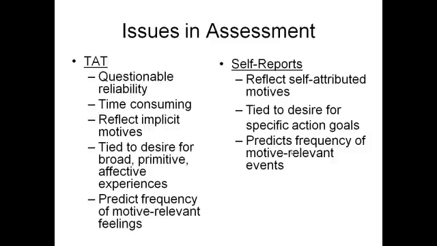You're giving the test out, you're asking people to write stories about what they're seeing, and it's a time consuming thing. In one respect, though, a good thing about it is that if you want to assess implicit motives, this is a way in which you can do that. It would be impossible to get the self-attributed motives with this kind of measurement.